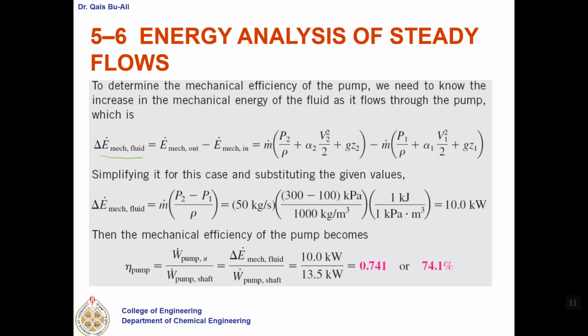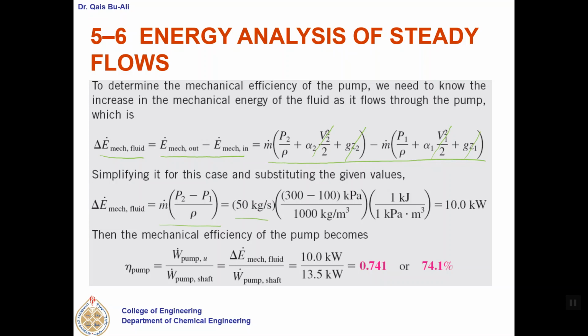You know that the mechanical energy change of the fluid is mechanical out minus mechanical in, and then we write the full details. But you know that, for example, V1 is the same as V2, and that the difference between Z1 and Z2 is negligible. So we are left with just this term, m dot (P2 minus P1) over rho.